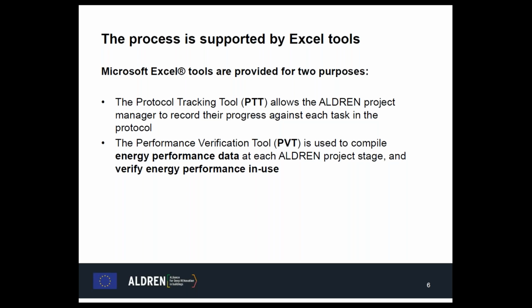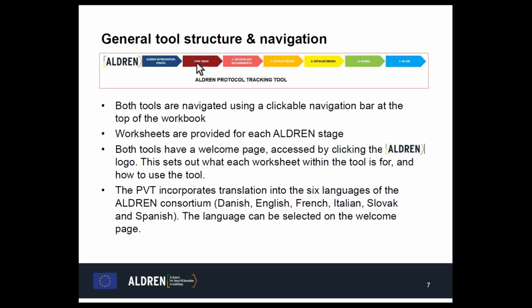The performance verification tool is a little bit more complicated. It's still fairly simple as far as software goes, but it's to collect energy performance data. So it's a more quantitative tool that actually produces some results and outputs for the verification process. We will show you as we go through this presentation how to use that tool and how those outputs are produced.